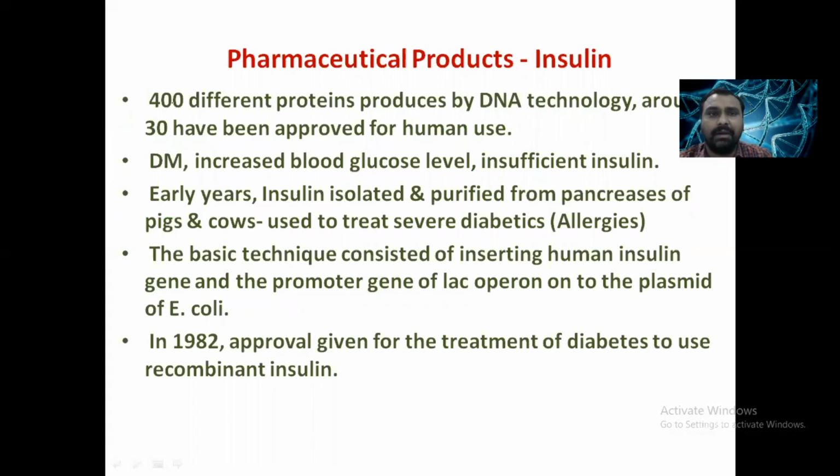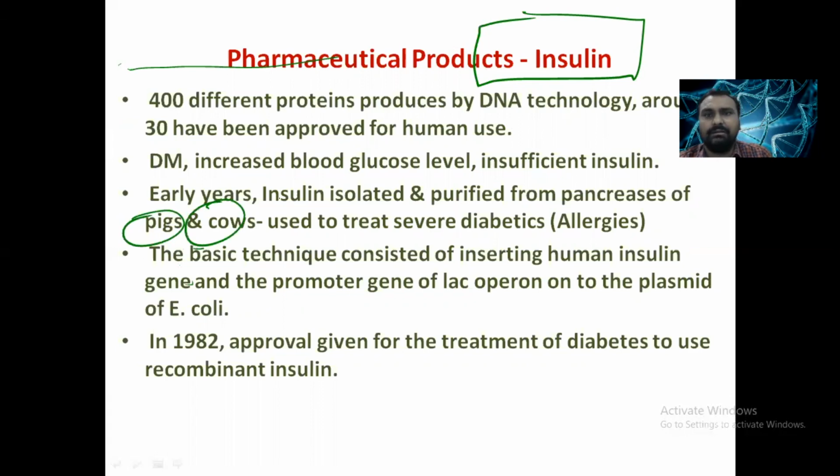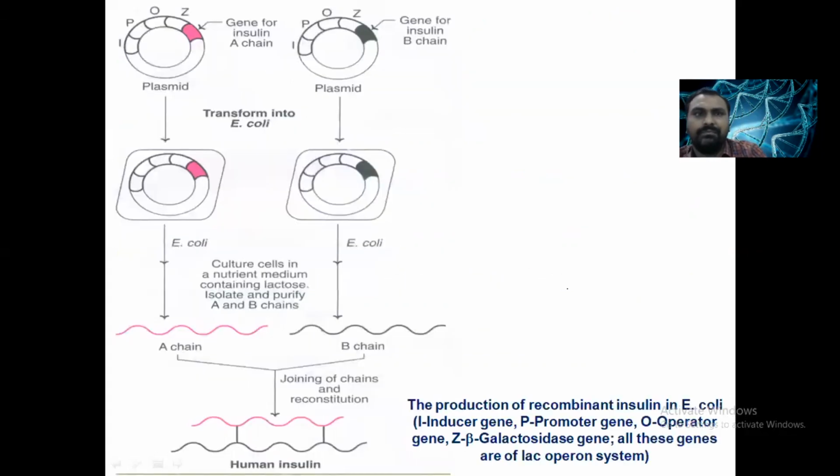We can make pharmaceutical products like insulin with the help of recombinant DNA technology. Earlier, we were using pig and cow insulin, but they were causing allergy in some people. So now we have made human insulin. What we do here is take the gene for the insulin A chain and the gene for the insulin B chain, and add them into the plasmid.